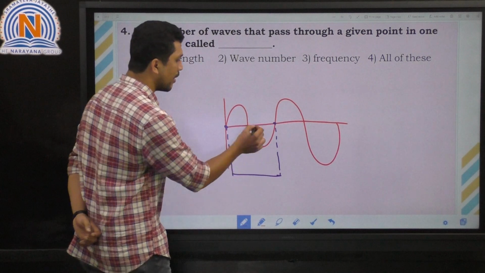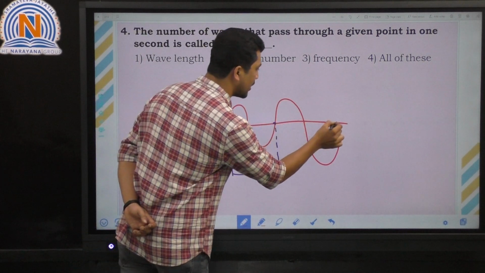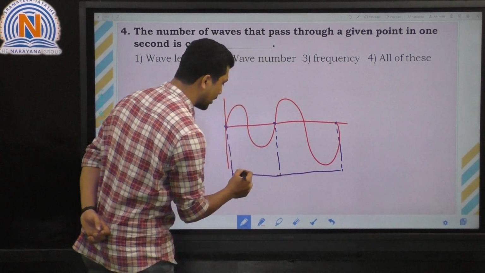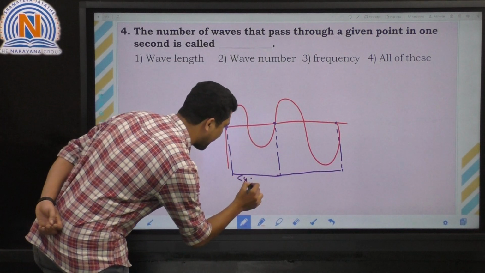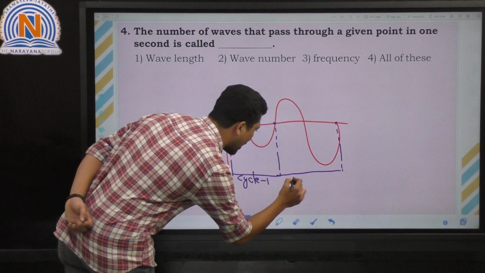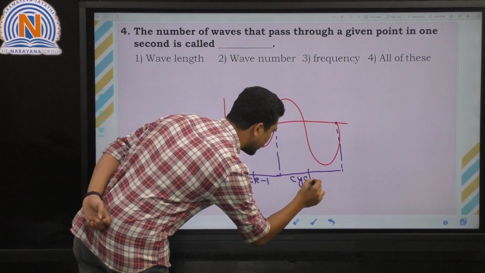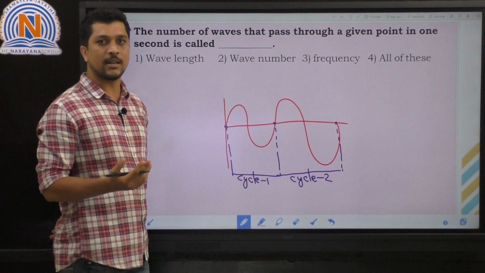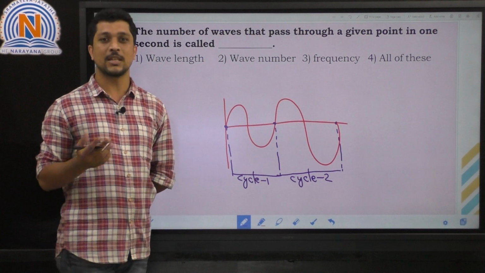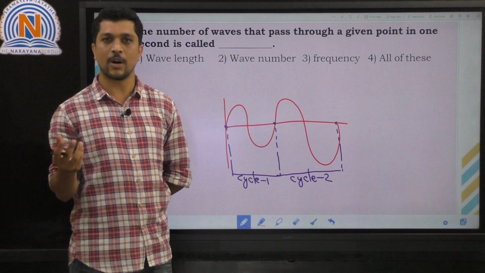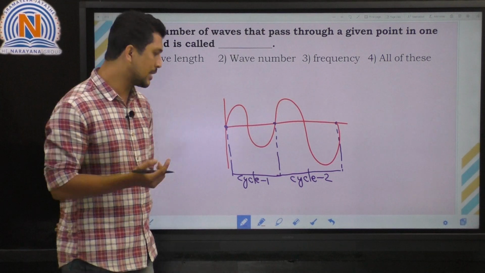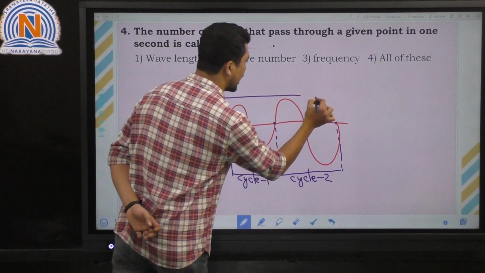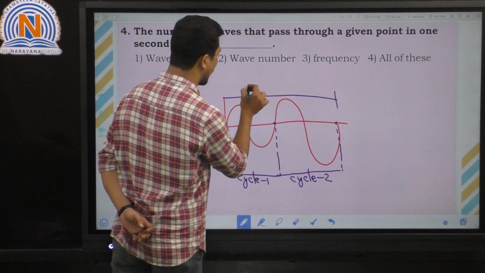In the same way, from the start to this point and the end at this point, this is another cycle. The cycle 1, and here cycle 2. So in 1 second, different waves pass through a certain point with different numbers of cycles. For example, this wave can pass only 2 cycles in 1 second.